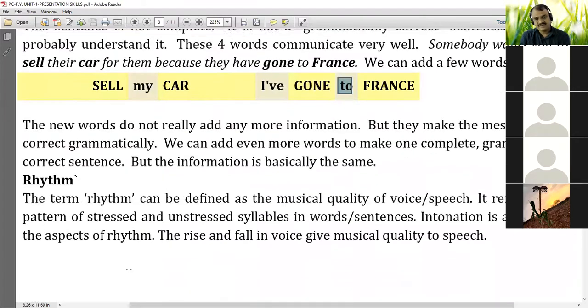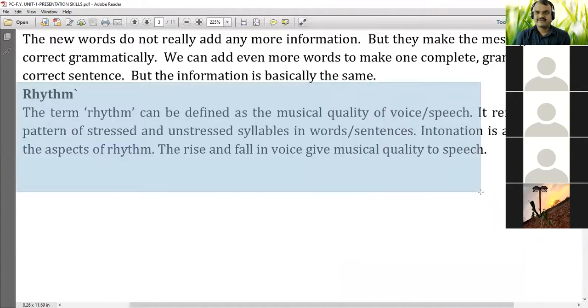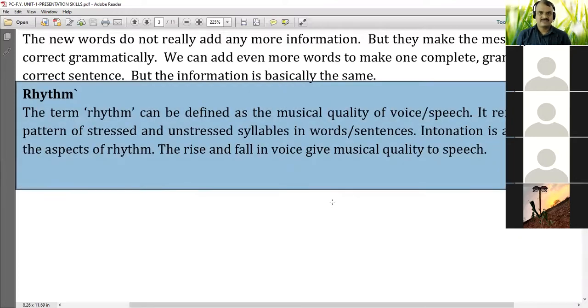So after this, let's go ahead for the last small element of our first unit, that is rhythm. You can see here, and whatever discussion is required for rhythm has already been held by us. So what is rhythm?